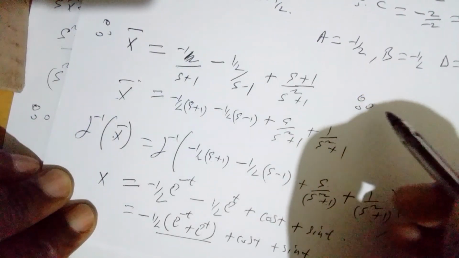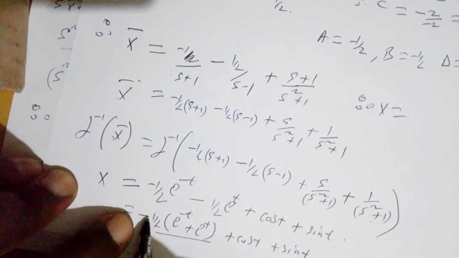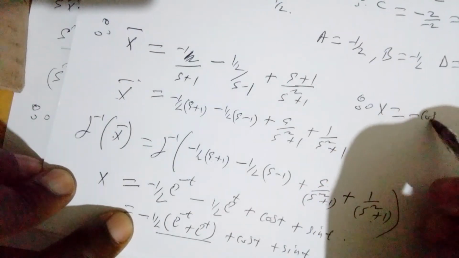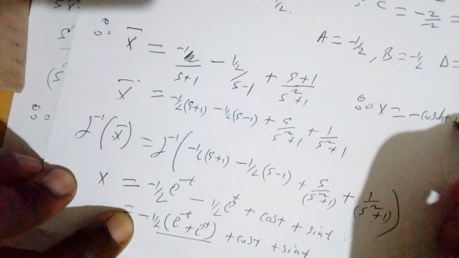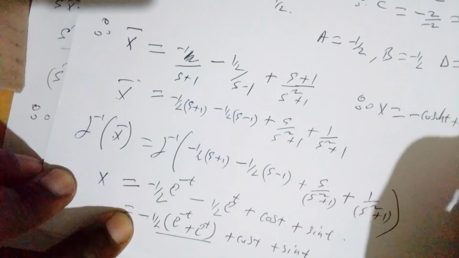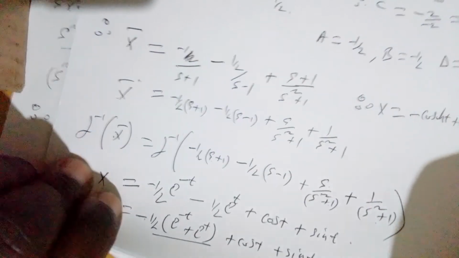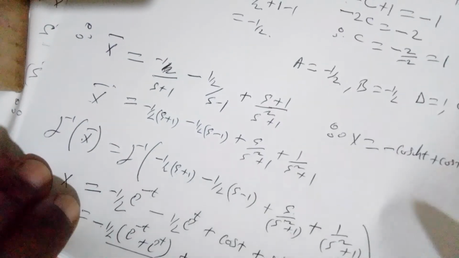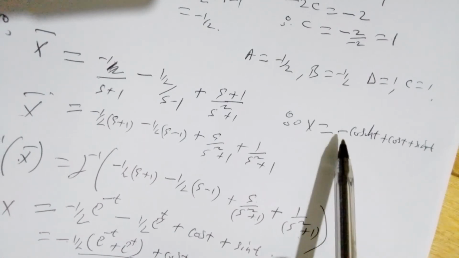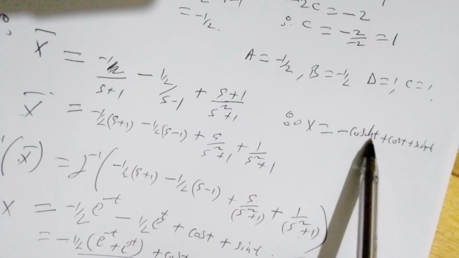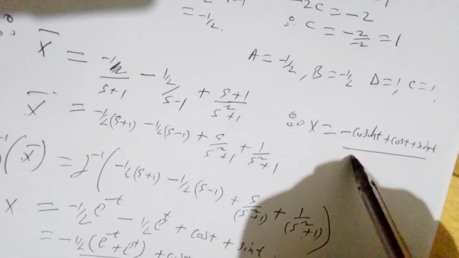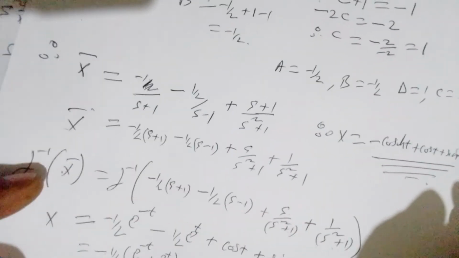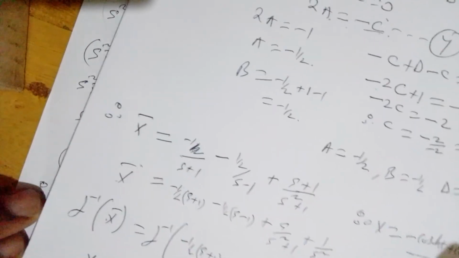Therefore, we shall say that x equals, now it will be minus cos t plus sine t. x will be equal to minus cos t plus sine t. And that is the value of x.